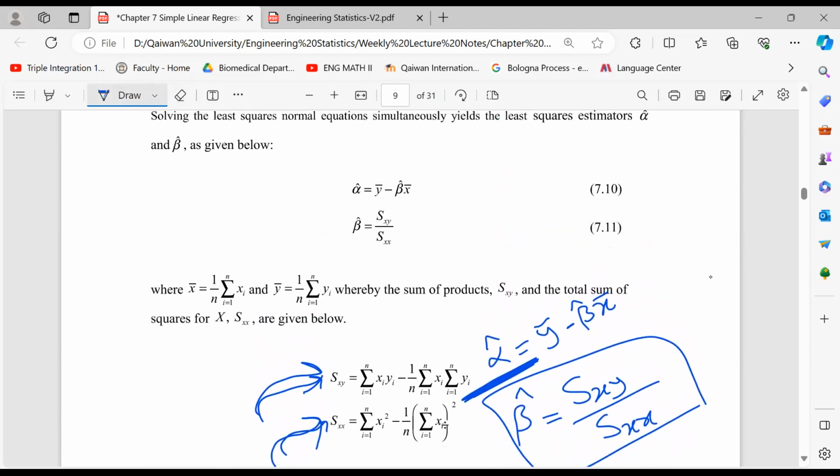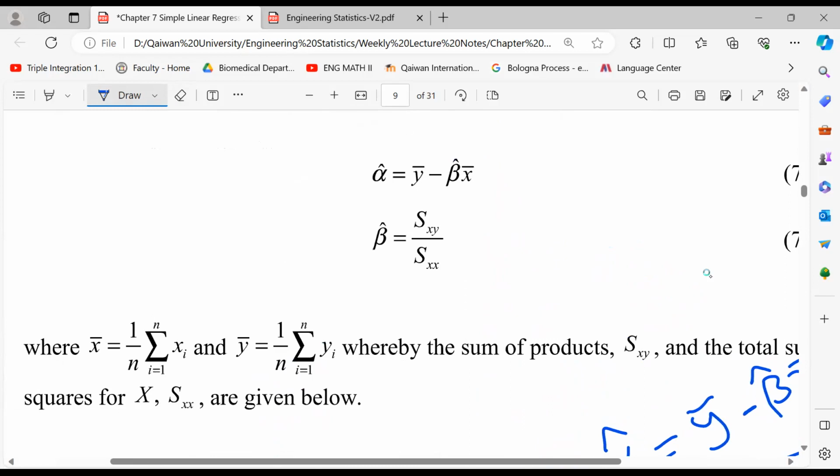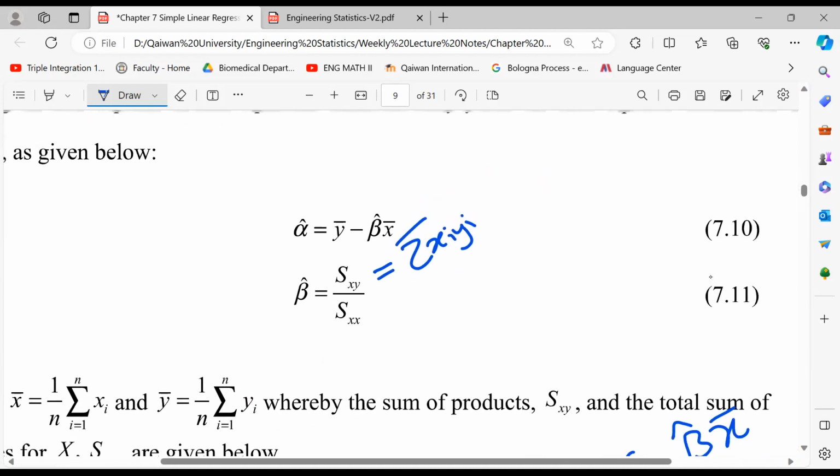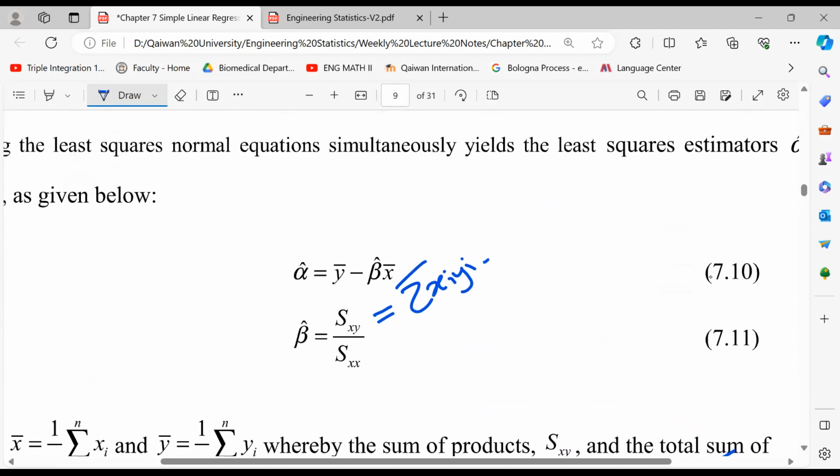Here, beta hat needs S sub xy, which equals the sum of xi yi minus 1 over n times the sum of xi times the sum of yi.